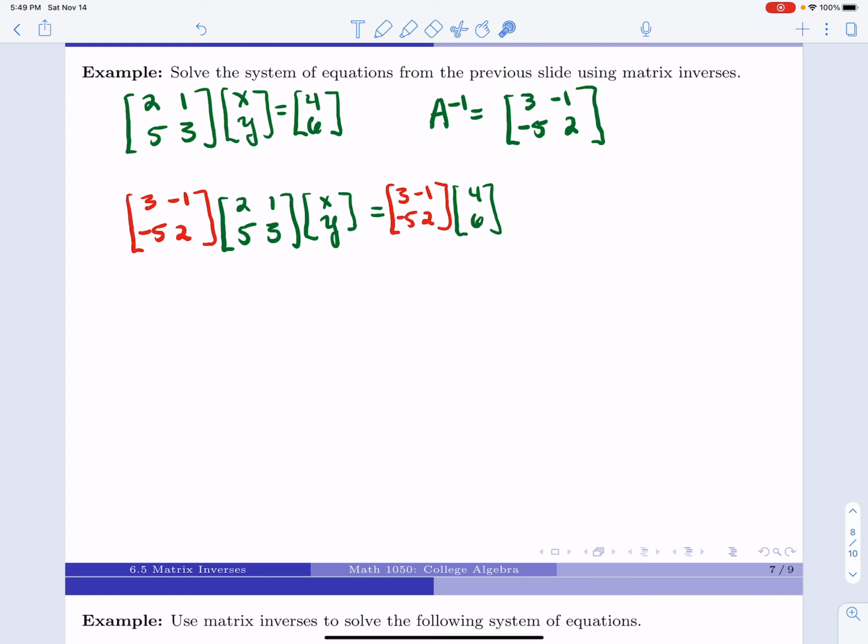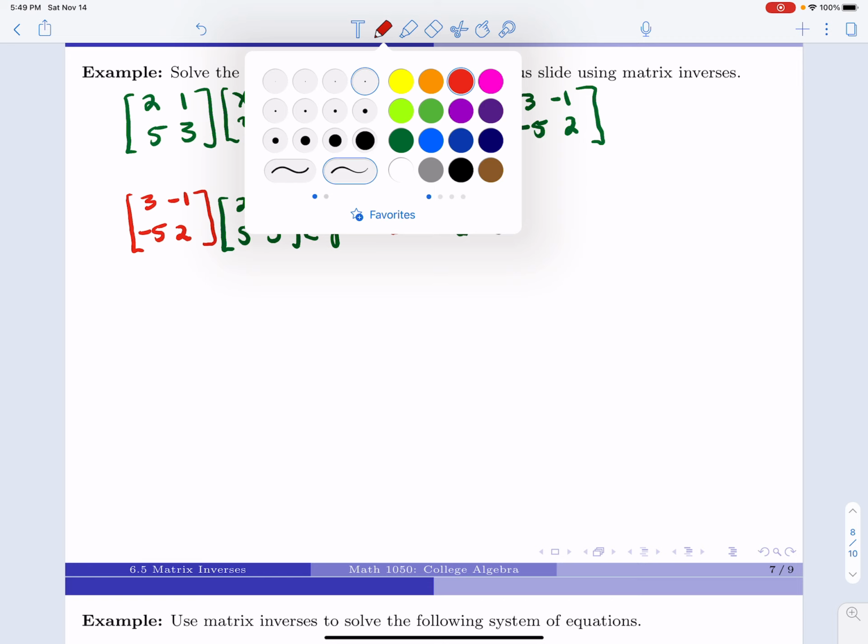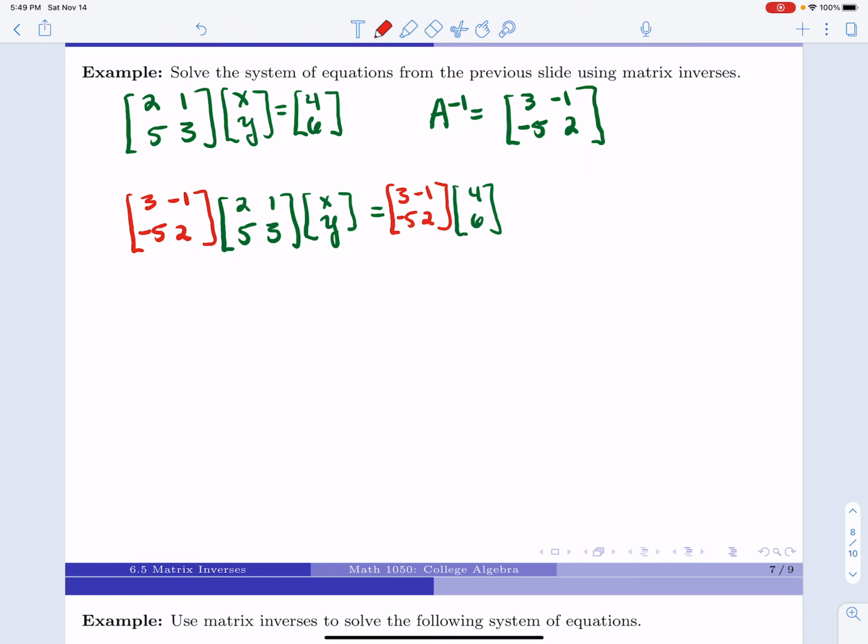We need to multiply on the left so that when we multiply A inverse by A, we get the identity. Really, when we multiply a matrix by its inverse, we get our identity matrix, which is 1, 0, 0, 1 in the 2 by 2 case.